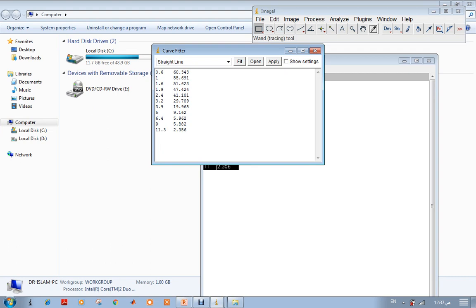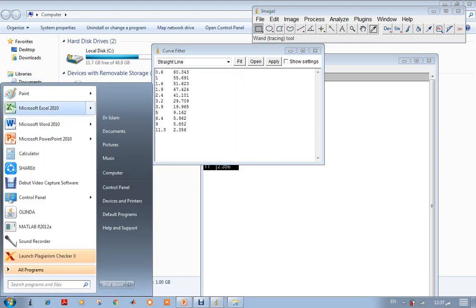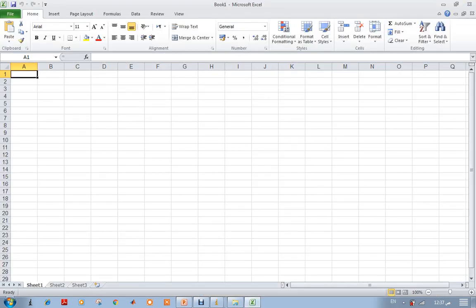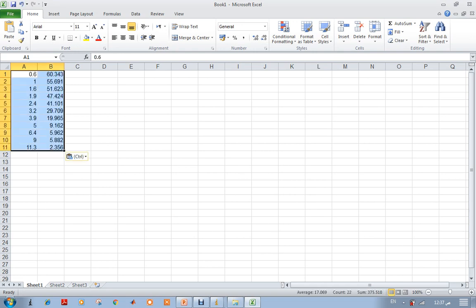Okay, I forgot something to do: normalization. I want to do normalization for this standard deviation value. So I'll copy this again and open an Excel sheet. Control V, you will find the values.